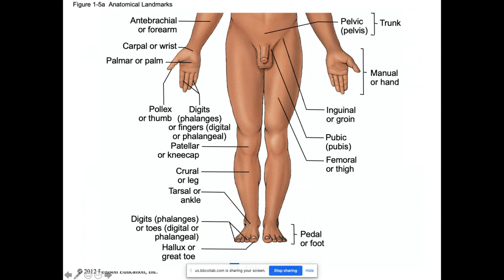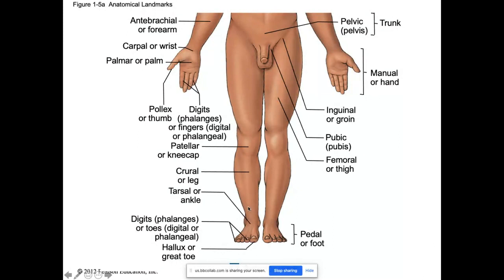Carpals are in the hand, tarsals are in the foot. Just remember tarsals, toes, and then you can remember carpals when you drive a car, carpals, the wrist. Inguinal, that's where the inguinal ligament is. The pubic, for the pubic bone. We know there's pubic hair as well.